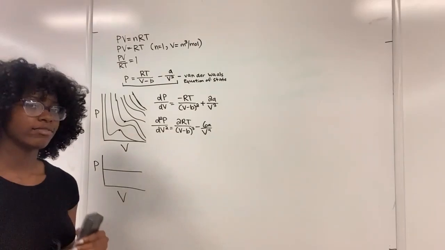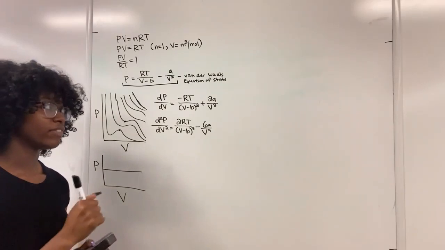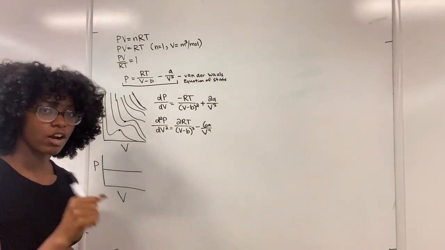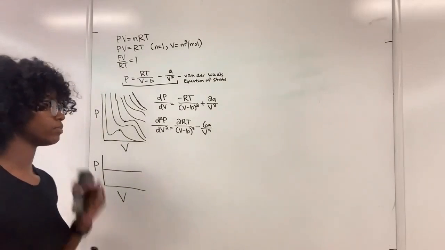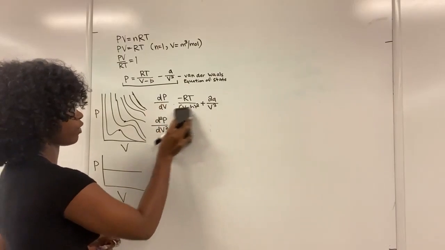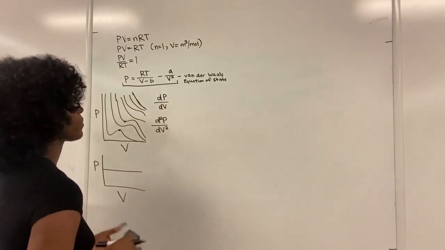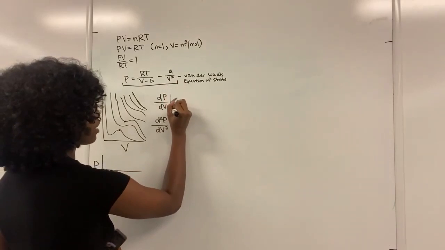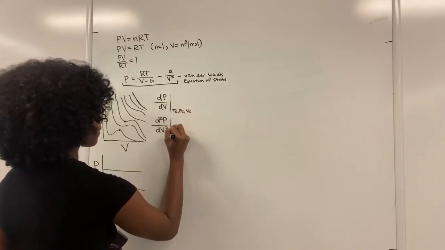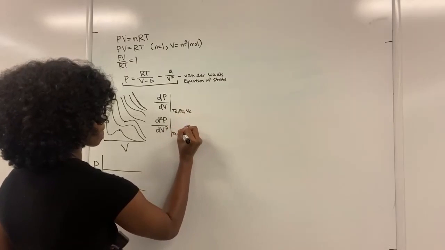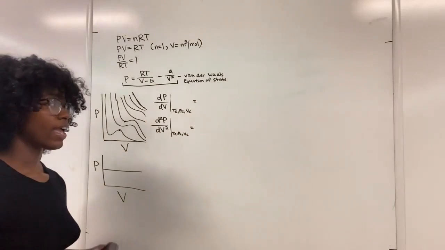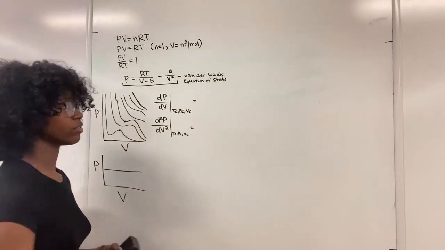So what we really have to do is be very careful and make sure that we are evaluating the derivatives at the critical values of a compound. So we can actually erase these equations and evaluate each at the critical temperature, critical pressure, and critical volume, and rewrite the equations incorporating each of those values.